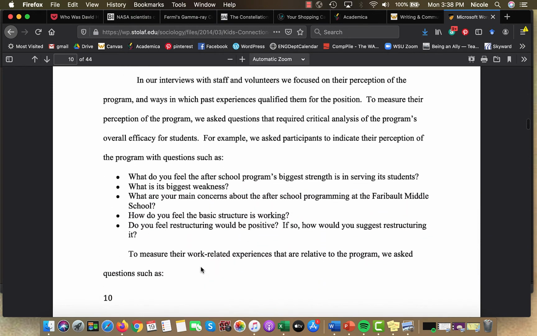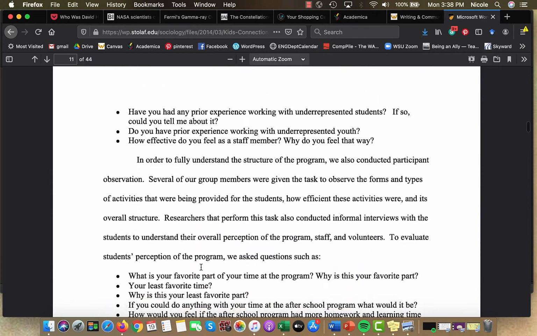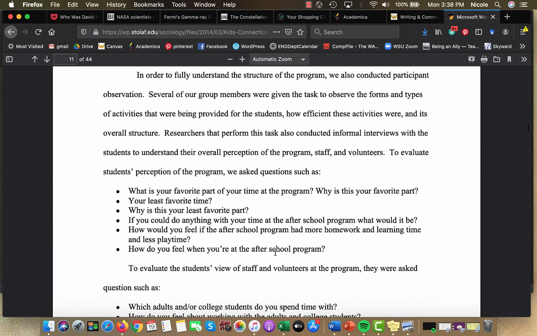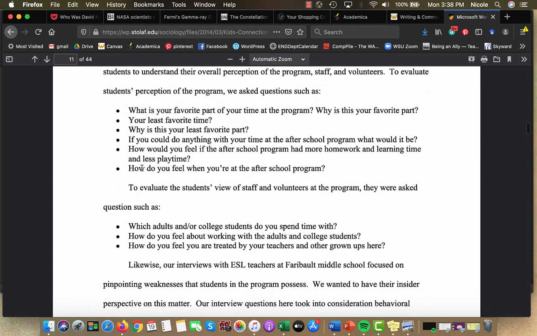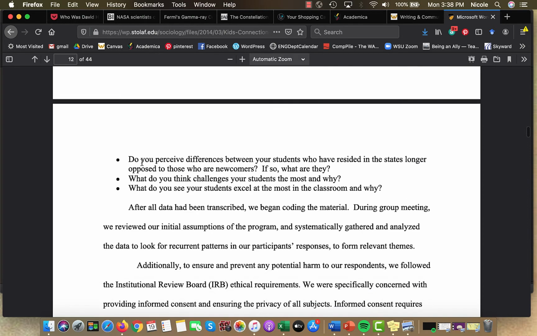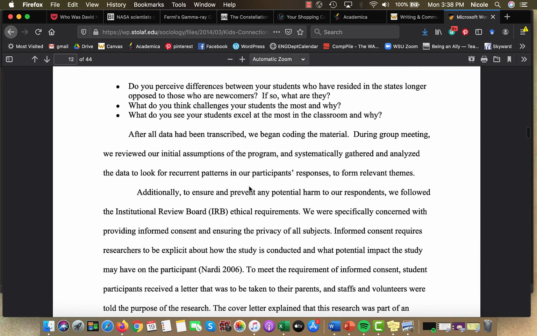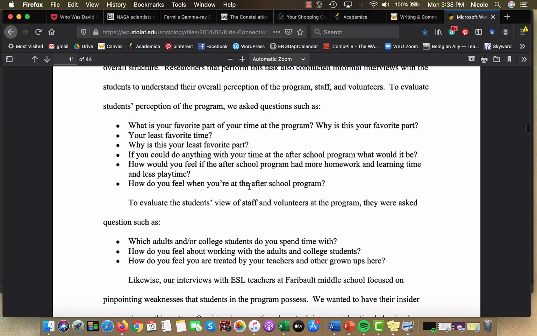Then it goes on to describe exactly what questions were asked for the different populations, and with little explanations about why, in order to fully understand the structure of the program. We also conducted participant observation. So all of this is really good specifics, and then they're going to start getting into their coding and analysis.